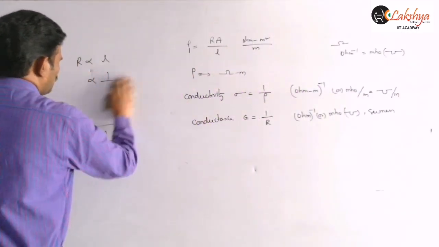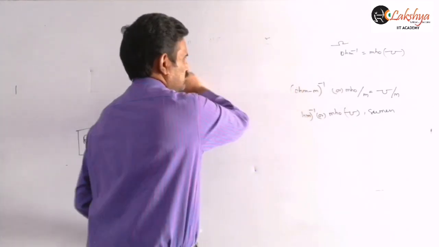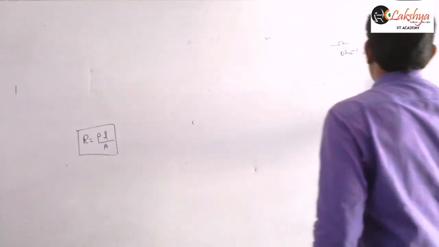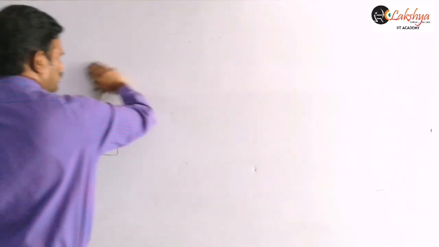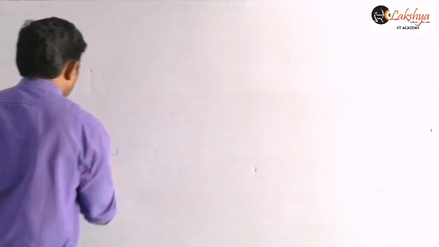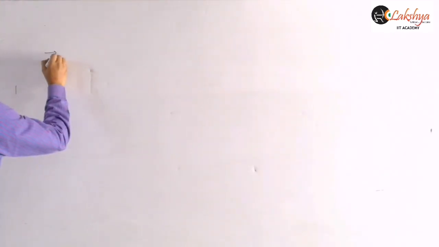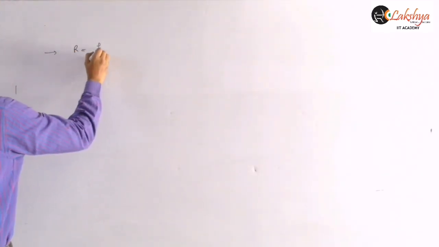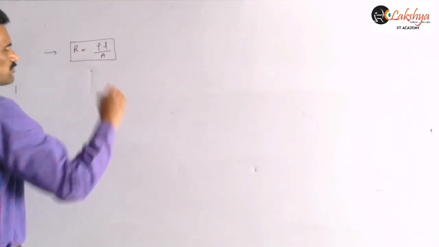Now let us come back to this relation here. R is equal to rho L by A. There will be a lot of problems based on this. So next see the different forms of R is equal to rho L by A. We can express this in different forms here.